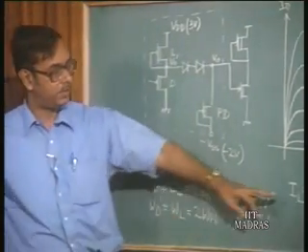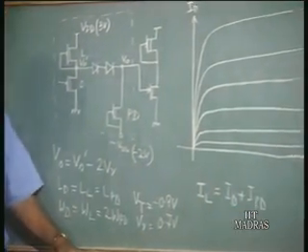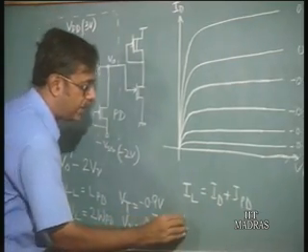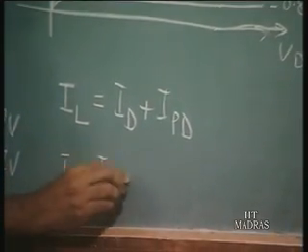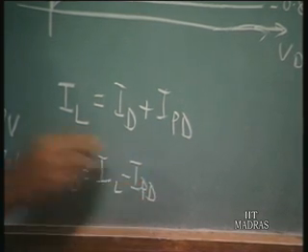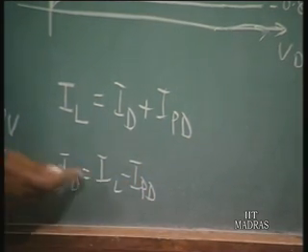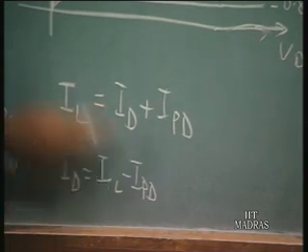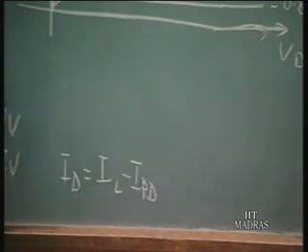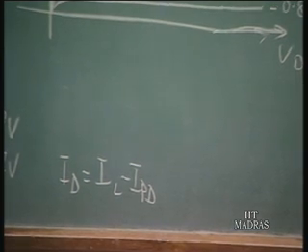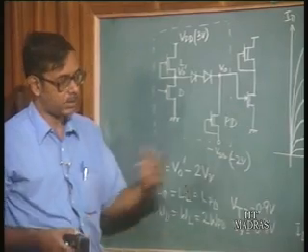All right. So, the load current is equal to driver current plus the pull down current, which means effectively that ID is equal to IL minus IPD. That is, the driver current is equal to load current minus the pull down current, which means that the driver current is not equal to the pull down current, and this must be taken into account while drawing the load line.